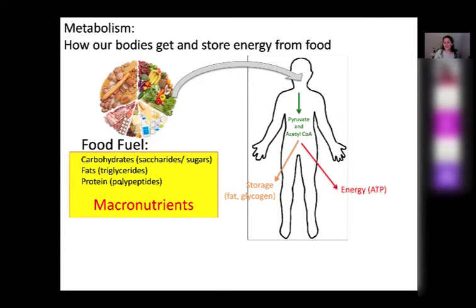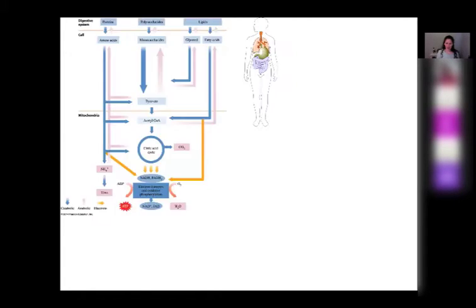The other fate of acetyl-CoA is to be stored as fat in the form of triglycerides, or to be stored in the form of a polysaccharide called glycogen. So those are the two main fates of our food: energy or storage. And storage, of course, can be broken back down and used as energy through the metabolic pathways that we already learned about when we talked about catabolism.